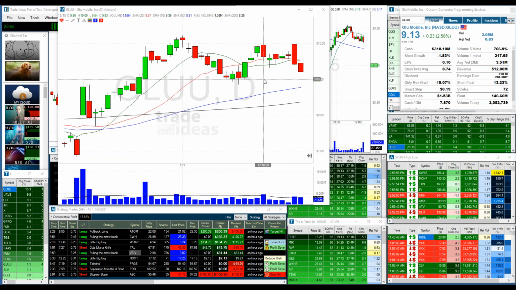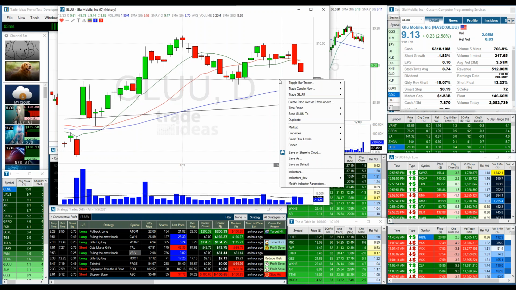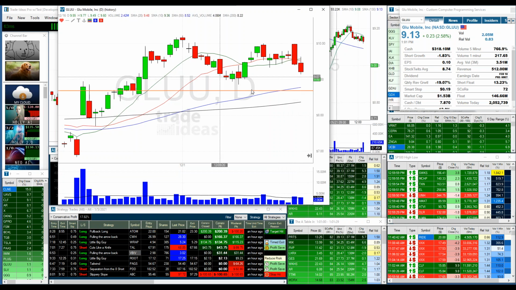Okay, so let's talk about GLUE a little bit here. I believe the actual stop loss, in this case, was not a rising moving average that I often talk about. It was a hard level of $9. Let's move that up to $9, shall we? As soon as I unstick. So I'll tell you what happened in this one.